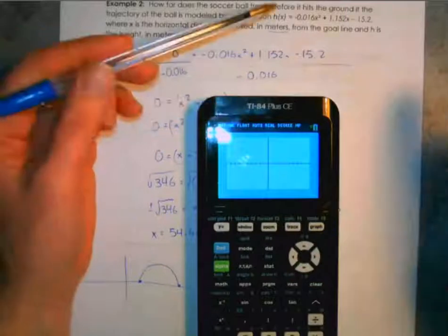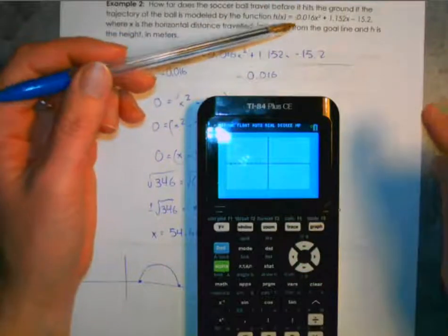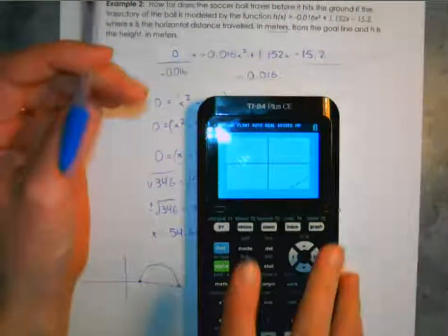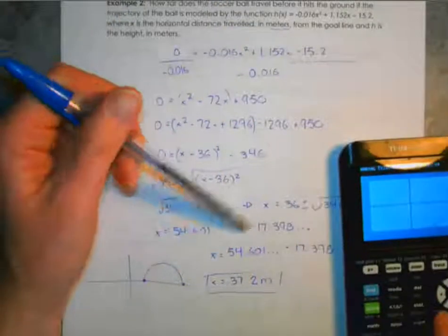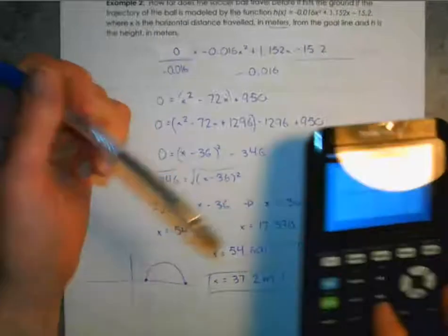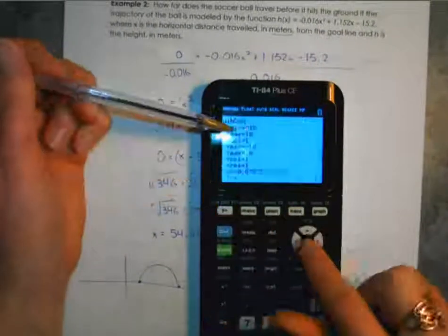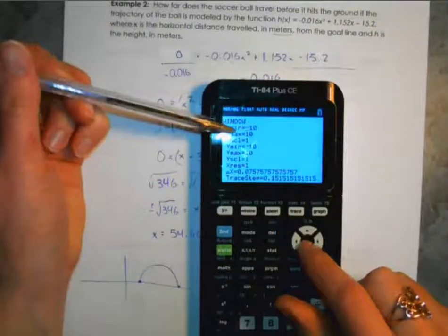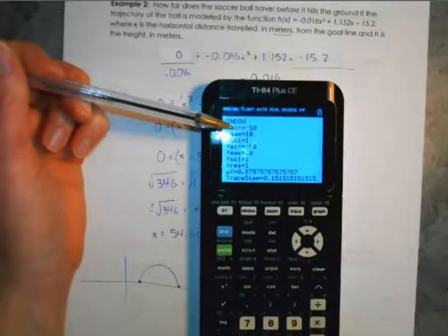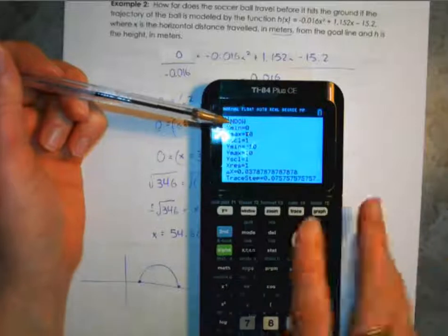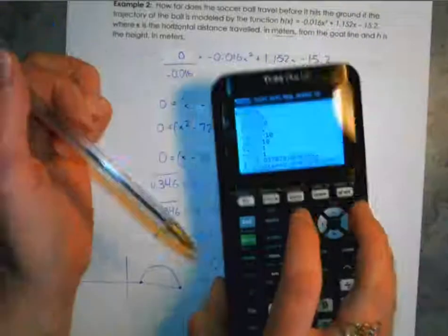Go to your graph. If we were at 54 and 17 to start out with, I want to reset my window because right now I have weird windows. I'm going to make my x minimum 0, and my x maximum 60.